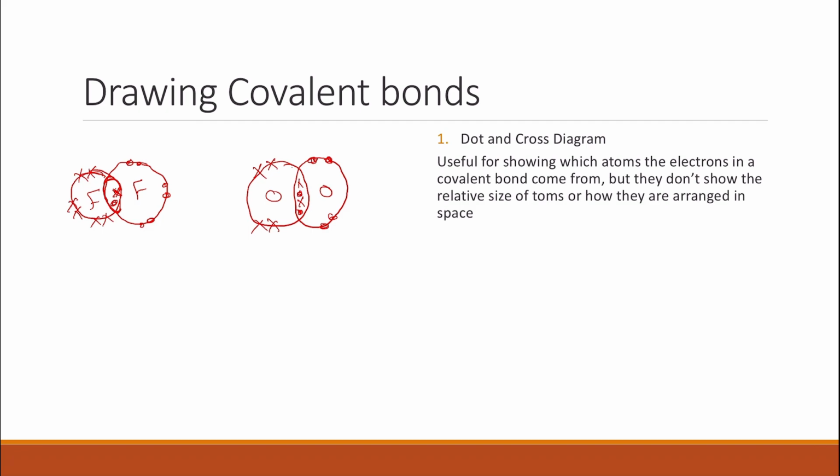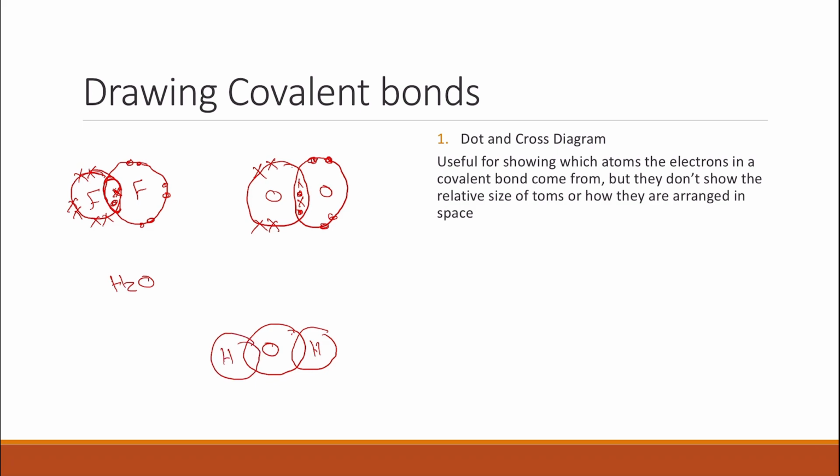Let's have an example of a molecule like water. We know that water is H2O. That means there is 1 oxygen and 2 hydrogens. So we have 1 oxygen, and it will share 1 electron with each hydrogen. We have 1 oxygen, and then 1 hydrogen on one side and another hydrogen on the other side.